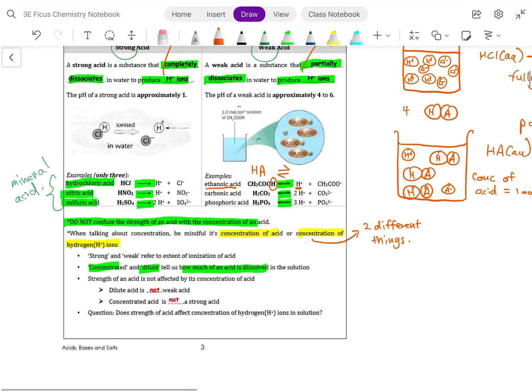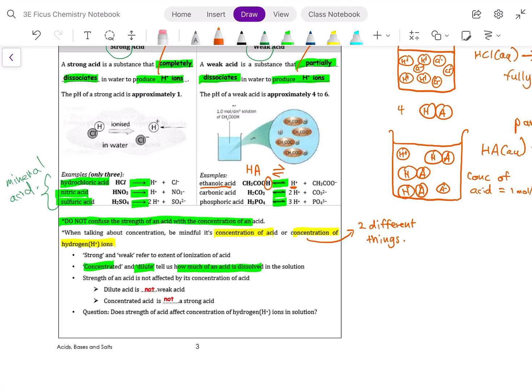So the strength of the acid is not affected by the concentration. Concentration of acid doesn't affect the strength. They are two different factors. So dilute acid doesn't mean it's a weak acid. Concentrated acid doesn't mean it's a strong acid. And then the question is, does strength of acid affect the concentration of H plus?